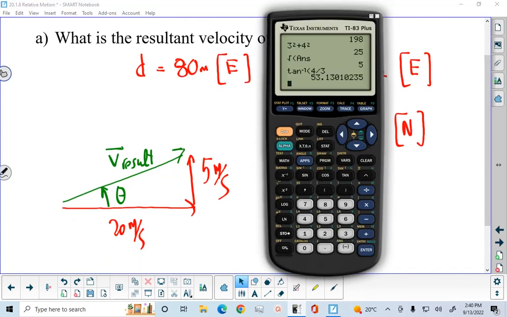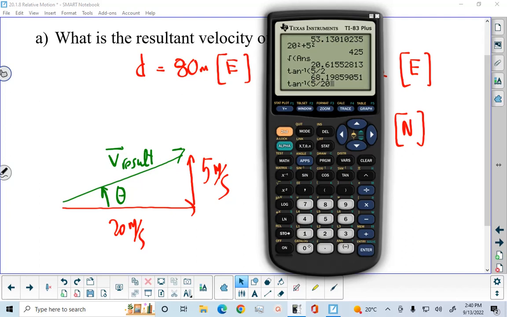All right, so 20 squared plus 5 squared, take the square root. 21, we're going to round it to 21 meters per second. If you wrote 20.6, that's fine. The angle is the inverse tan of opposite over adjacent. My mistake, let me do that again.